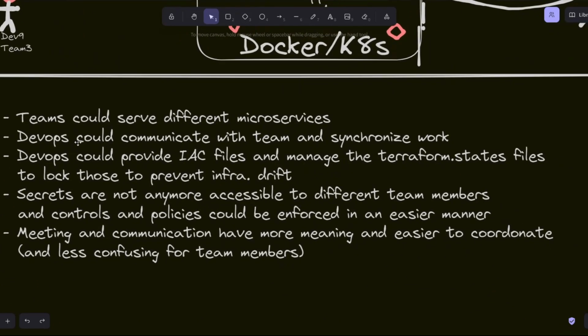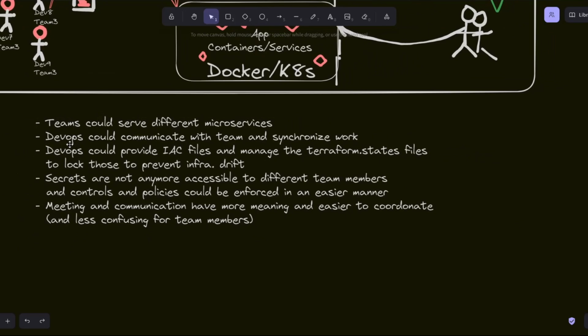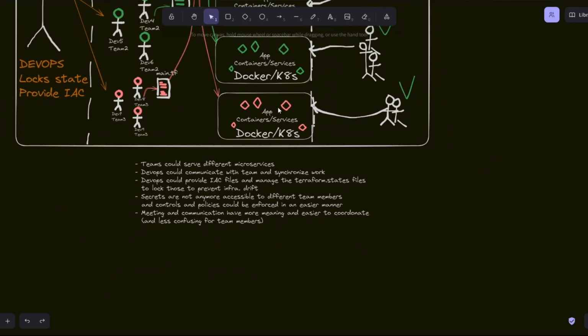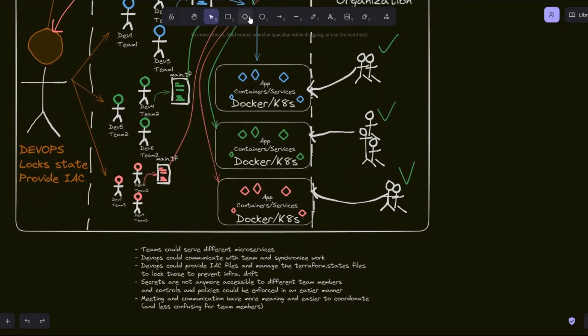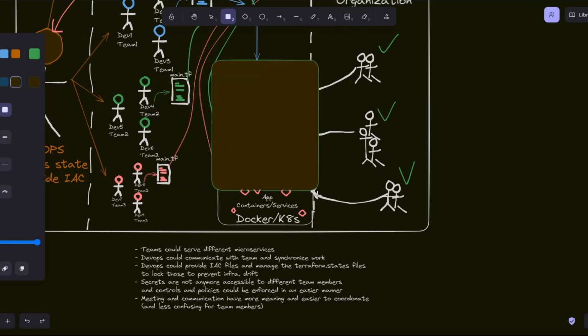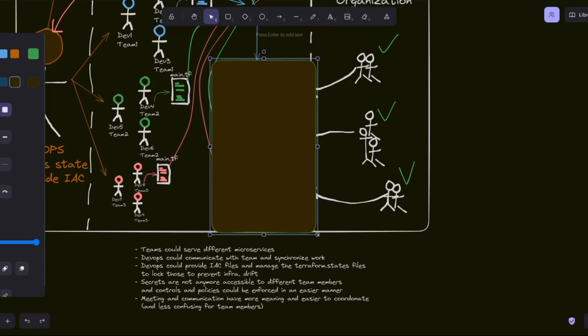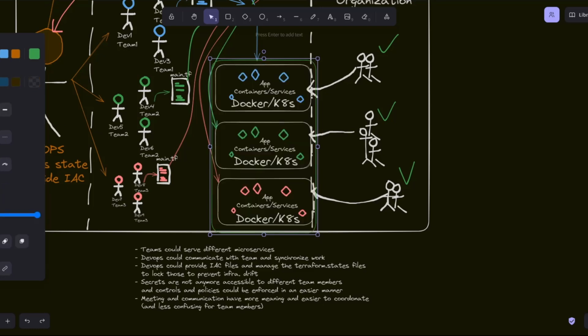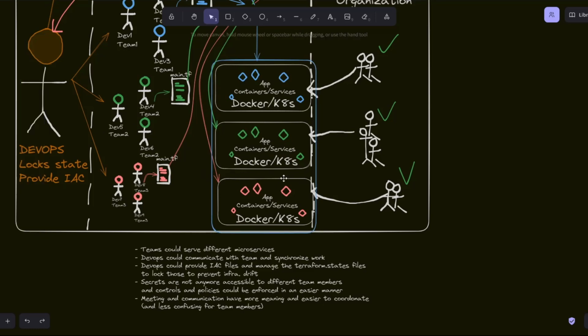So here teams could serve different microservices. DevOps could communicate with the team and synchronize work, which is very interesting. I'm just going to draw this layer here. Let's say this is the whole infrastructure, and inside we have different services served to the users.